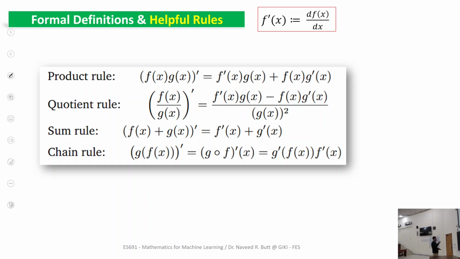g of f of x prime is g prime f x times f prime x. So what is this formula saying, this one? Can you explain this in words? Right.